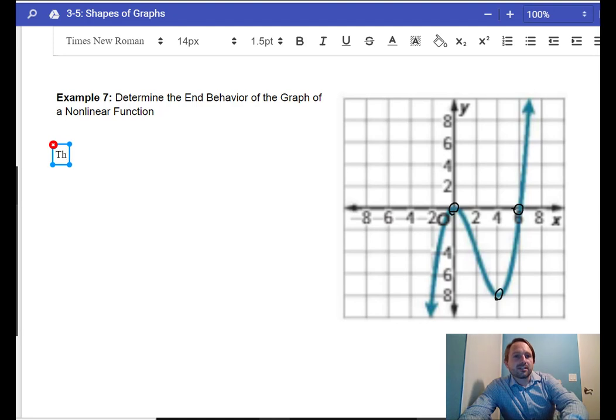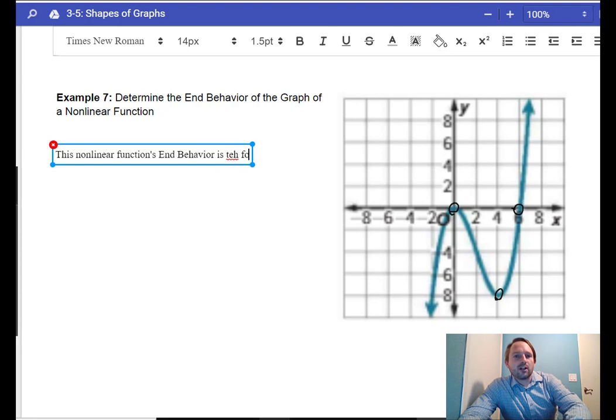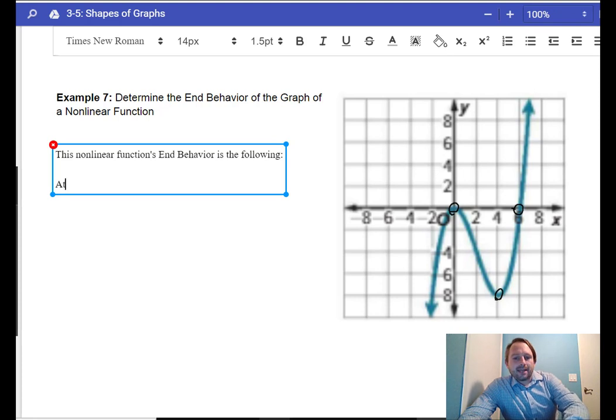So just looking at it, I can make that determination and say this nonlinear function's end behavior is the following. From (0, 0), as x decreases, the y value decreases as well.